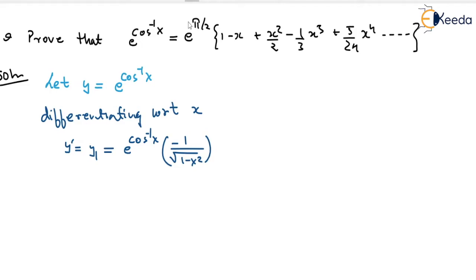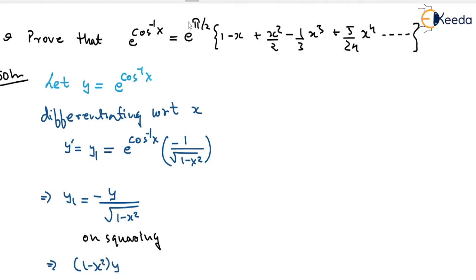So overall we can write y1 is equal to, this e to the power of cos inverse of x is nothing but y, divided by, and minus is also there, under root of 1 minus x square, and on squaring we'll get 1 minus x square y1 square equal to y square.